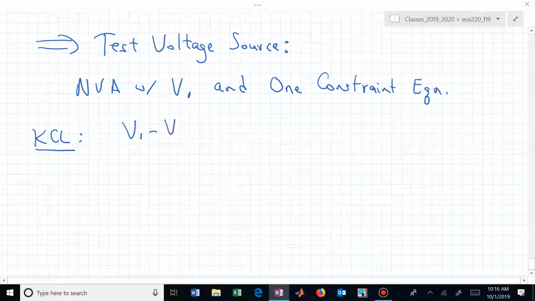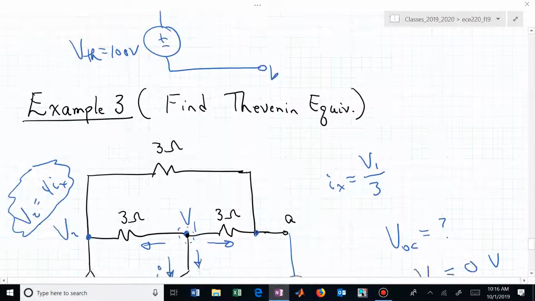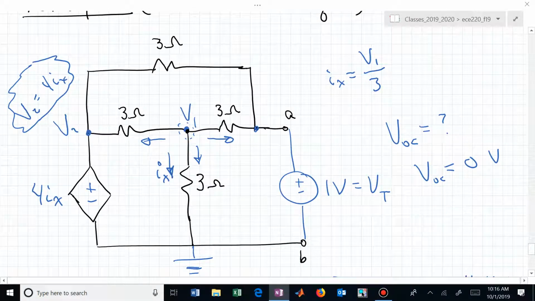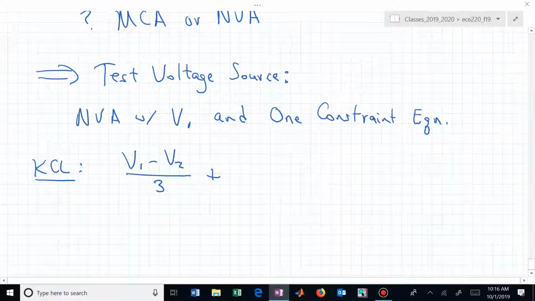is V1 minus V2 over 3. Let me just be very descriptive. And we know what V2 is. We're trying to find V1. Down, let's forget I sub x. That's just another variable. We don't need it. We just need the V1 equation. The current going down is V1 over 3.